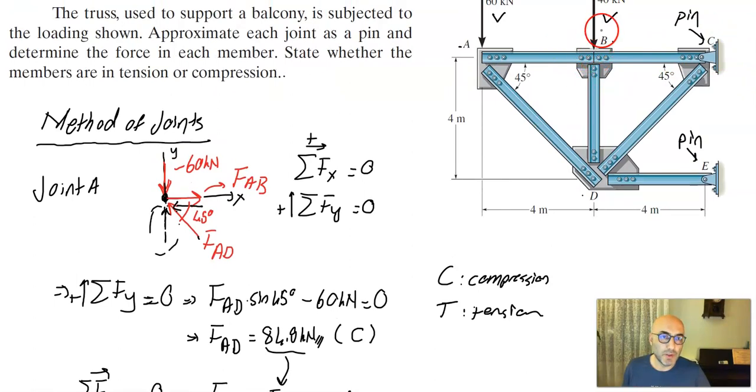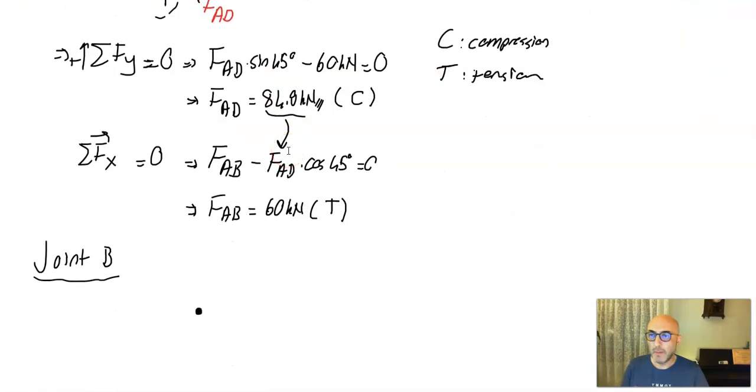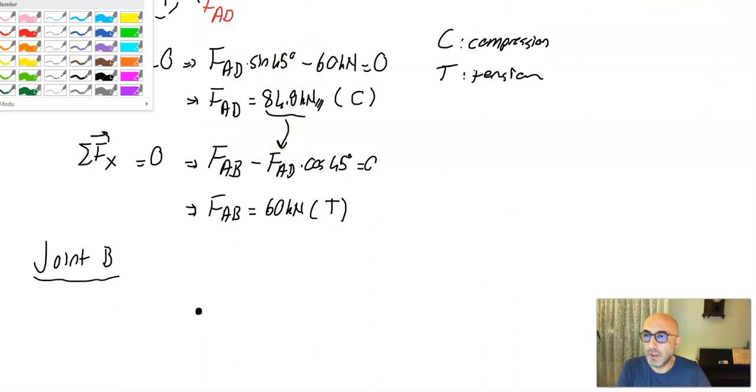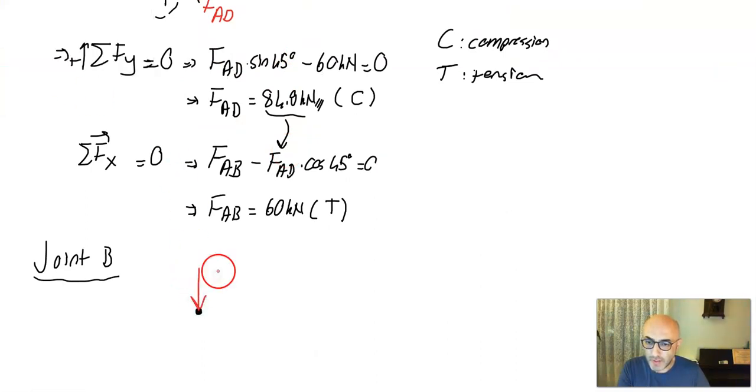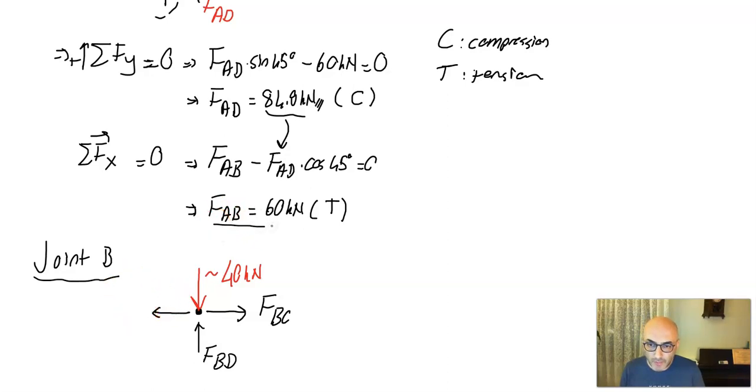We have joint B here, 40 kilonewton, and three members at joint B. So the applied force is 40 kilonewton, and the others are FBC, an unknown member force, which we assume is tension, and FBD, compression, and we have FAB here, which we found to be 60 kilonewton.